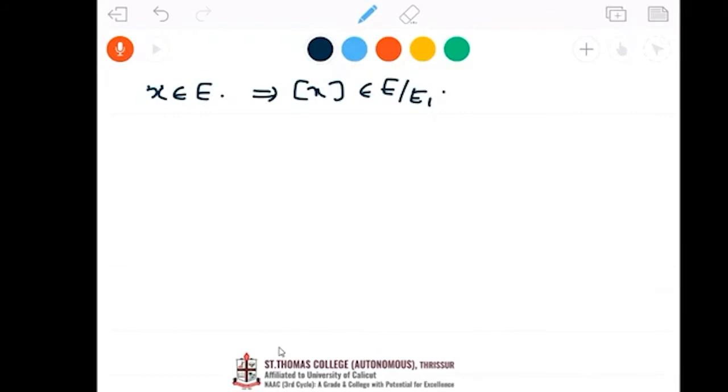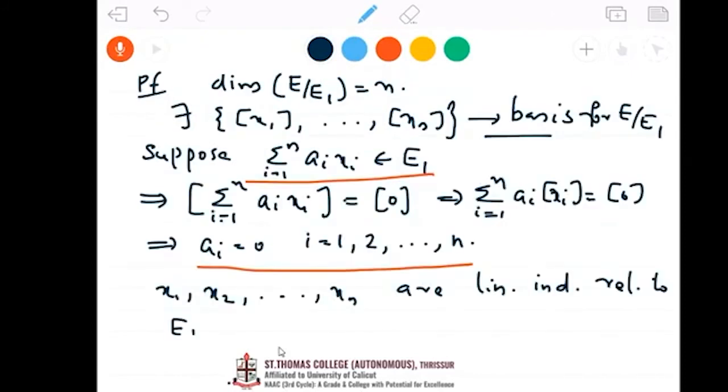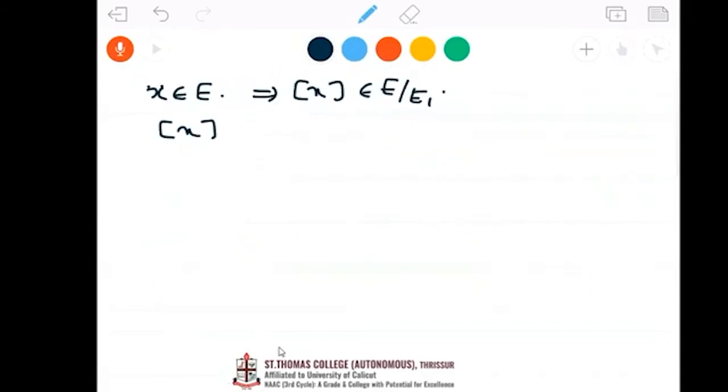Then, this class of x is in E over E1, and we have taken that class x1, class x2, etc. class xn forms a basis for E over E1. So, this class x can be expressed as summation i equal to 1 to n ai class xi in a unique way.